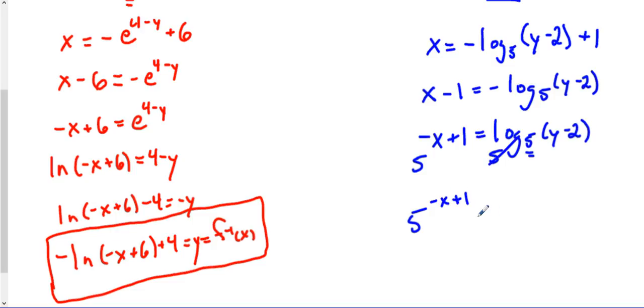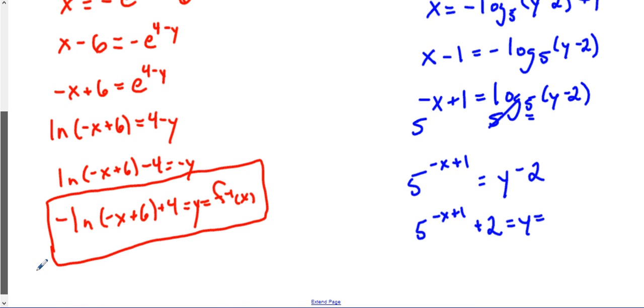These will now cancel out because they're inverses of each other, and we get the value inside. And now from here, we're simply going to add 2. So we have 5 to the negative x plus 1, plus 2, and that equals y, or in this case, the inverse of g. Bada bing, bada boom. And that is what we get.